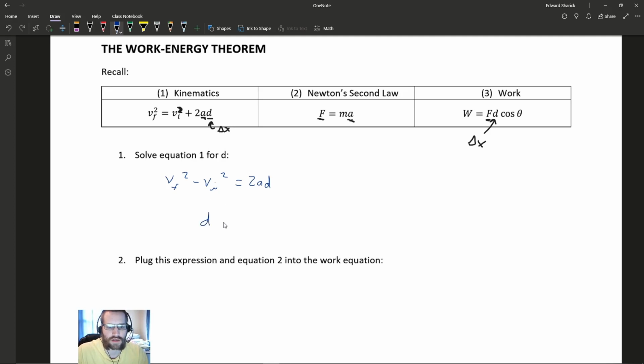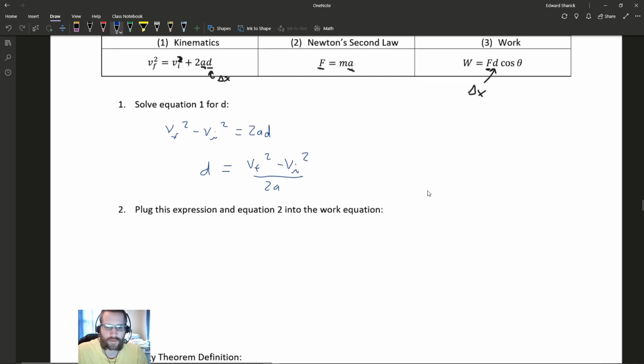So I can say that d equals v final squared minus v initial squared divided by 2a. All right, now I'm going to take this expression for d and equation 2, and plug these both in for d and for F in this part of the equation here.